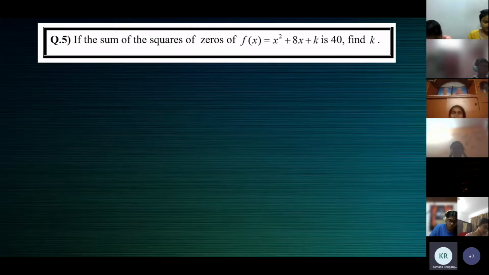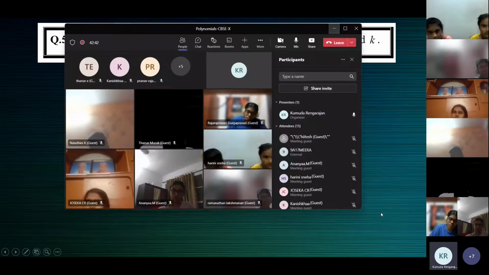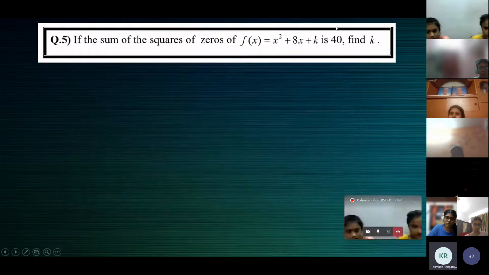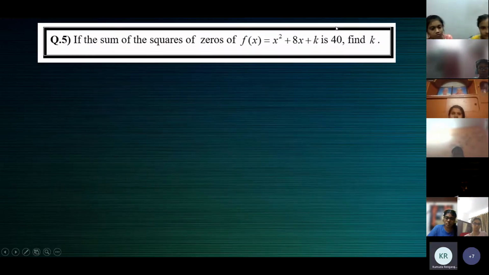If the sum of the squares of the zeros. The sum, what? No, you're not listening to me. What are you writing? The sum means we need to add 2 or more quantities.